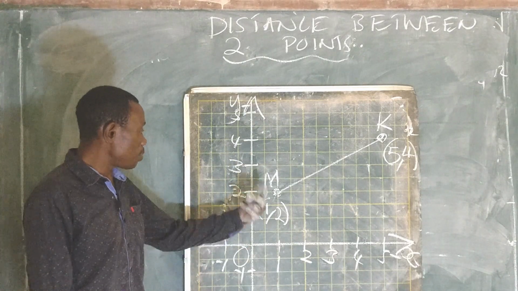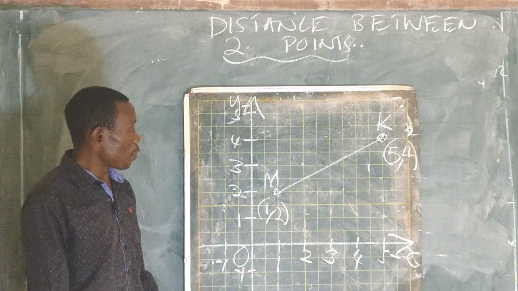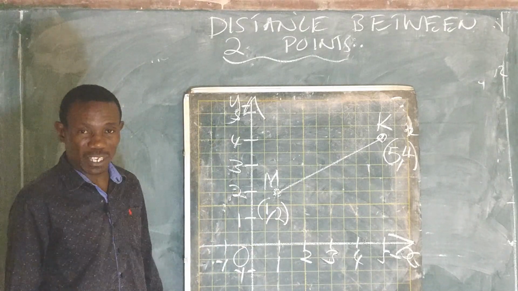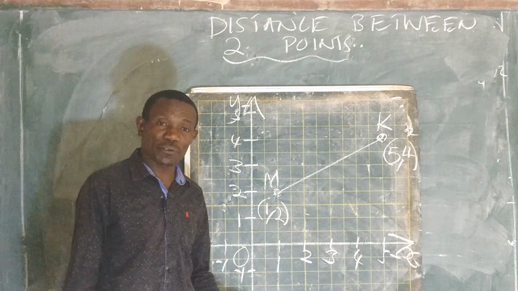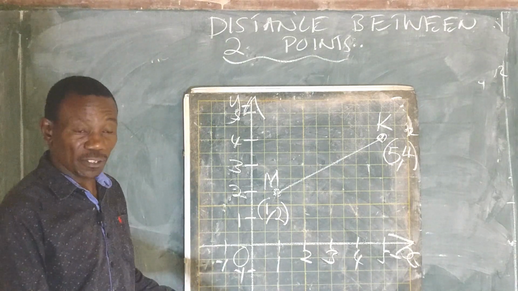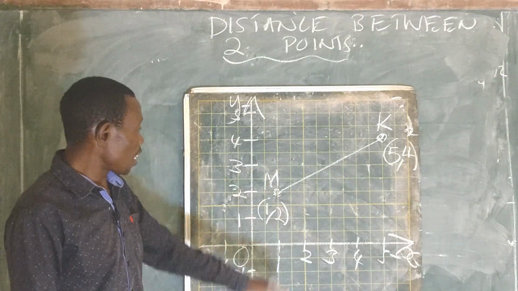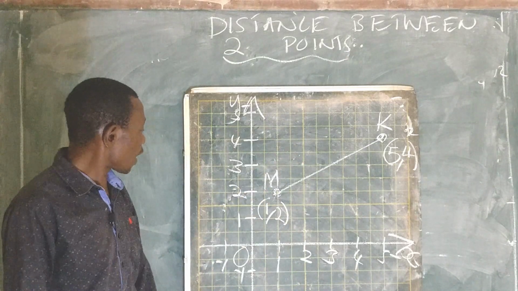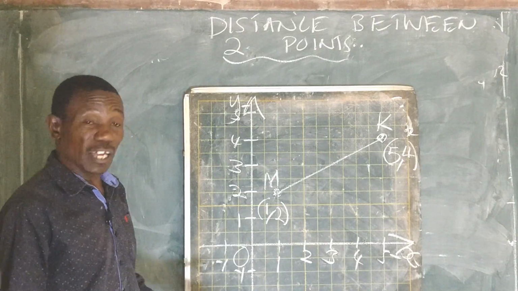But how Pythagoras can be used here is not all that direct. If I'm to insist on using Pythagoras, I have to think about a right angle triangle, because that's the only way. Without a right angle triangle, it cannot work. So since I think about Pythagoras, though I need to find the value of MK, I have to go by that.